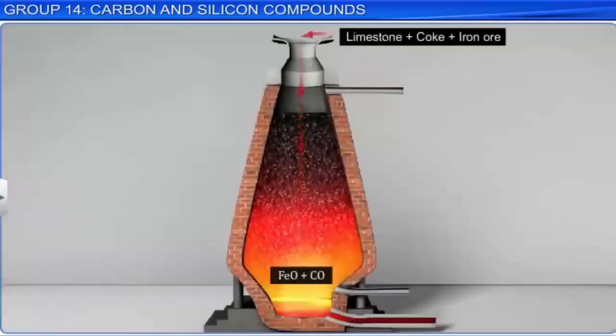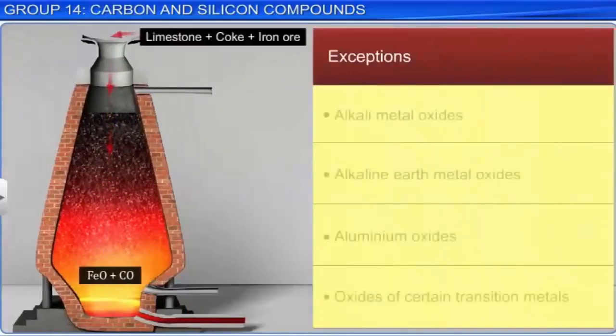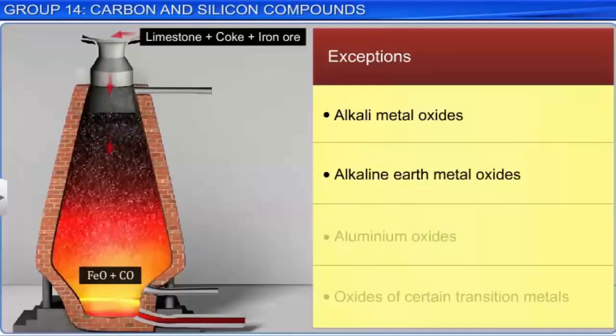When exposed to metal ores, it reduces most of them to the elemental form of the metal. Note that carbon monoxide cannot reduce the alkali and alkaline earth metal oxides, aluminium oxides, and the oxides of certain transition metals.